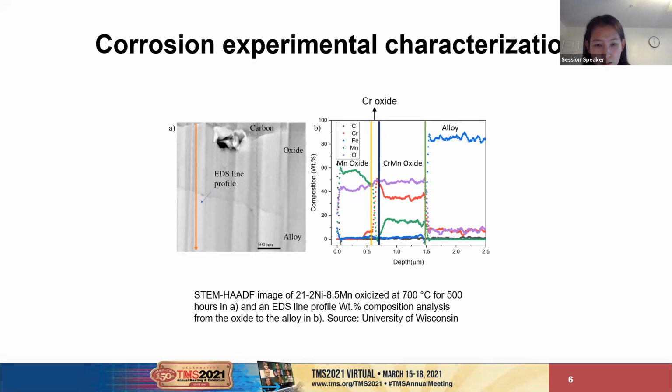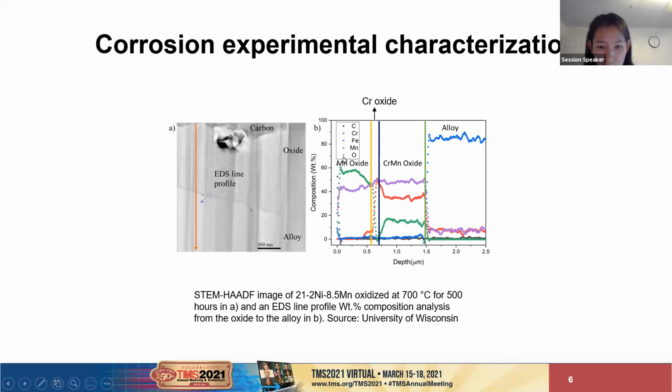They have performed a bunch of oxidation experiments as well as characterization to inform what kind of species or what kind of phases we need to include in our phase field framework. In the left picture is a STEM characterization, and there is an EDS line profile in here, and the result of the EDS analysis is on the right.